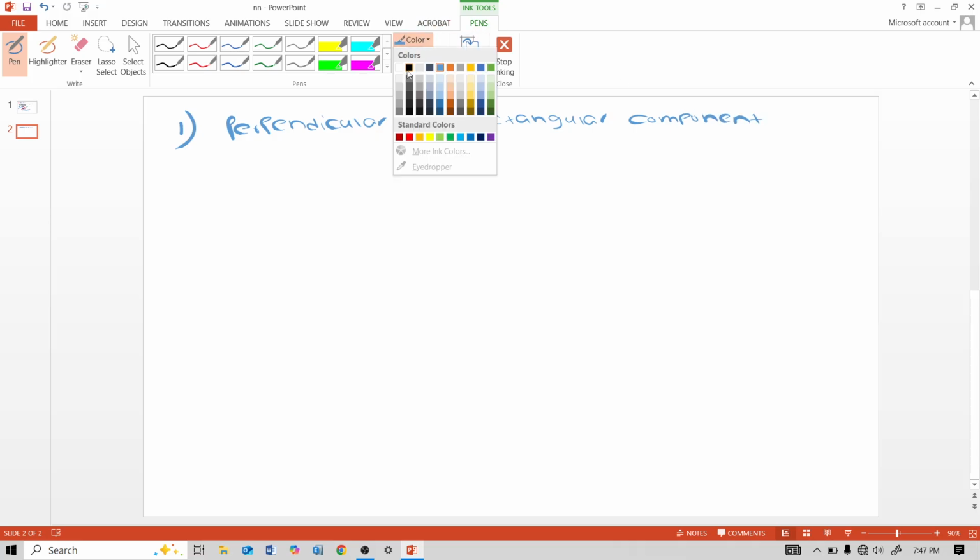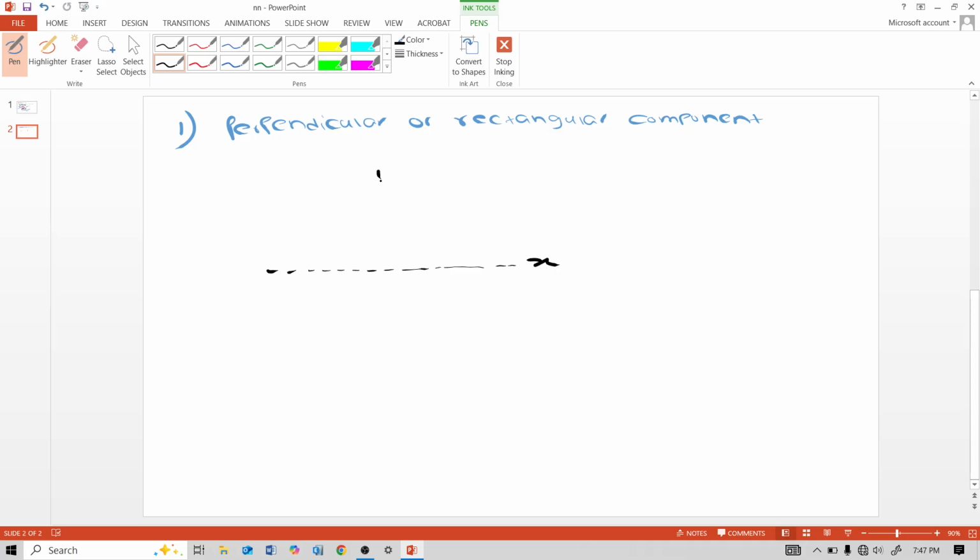Again consider the same Cartesian coordinates, x-axis and y-axis. So what we will do here, at point A there is some force F acting, and it is making an angle theta with the x-axis.